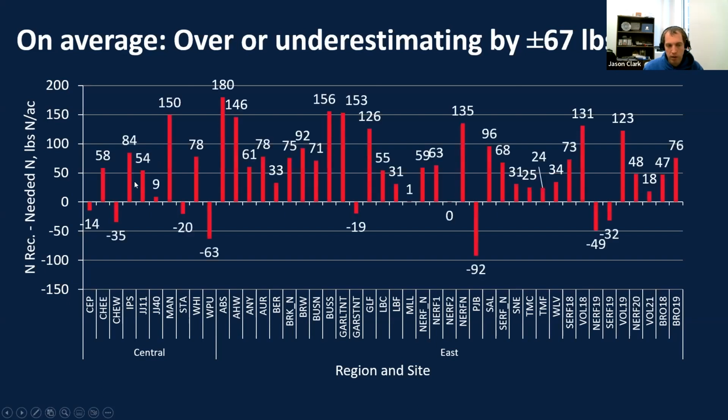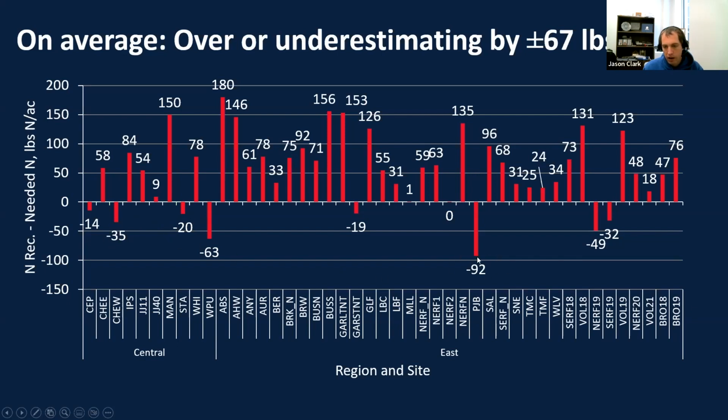So we just look at that 1.2, what we've been using for several years. We can see that generally we are on the upside here and we are overestimating, anywhere from 90 to 180 pounds per acre. We do have some sites where we're underestimating, a couple of them like this one. This was a drought site. This one had some drought issues.